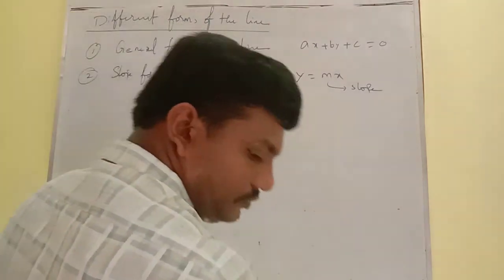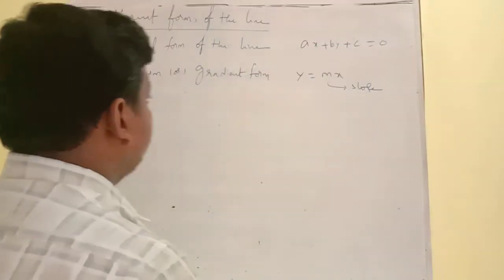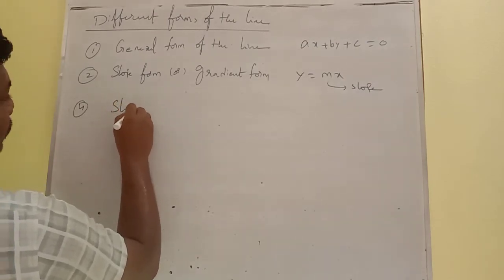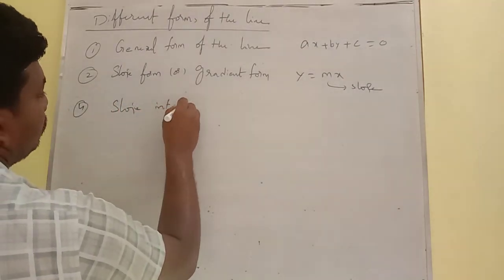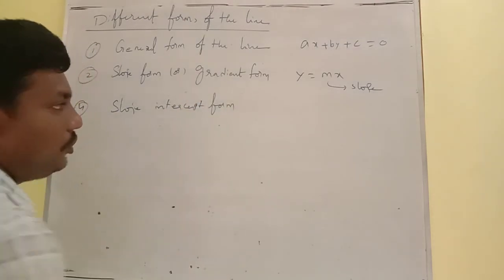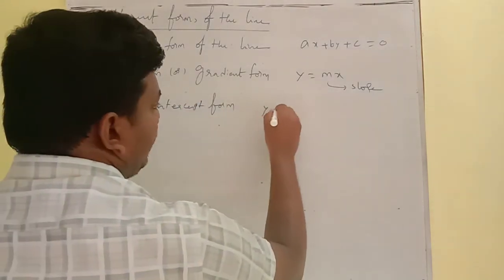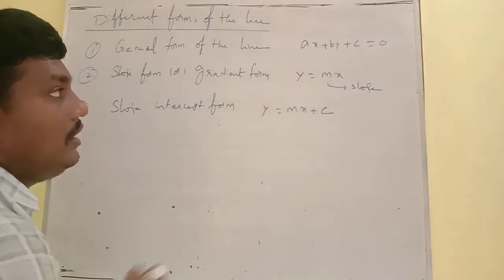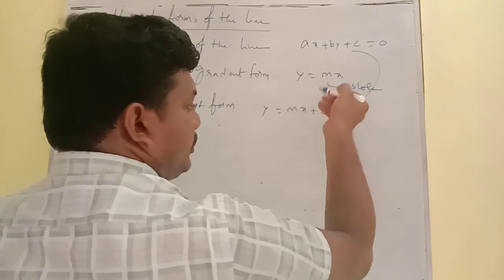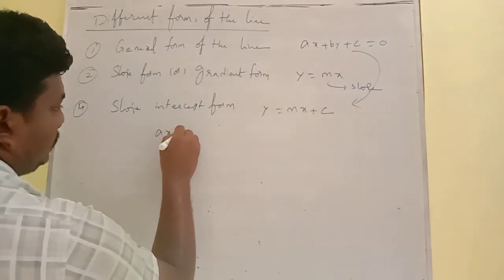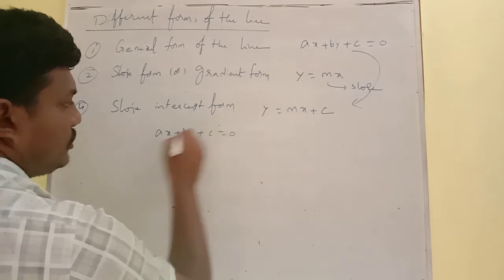Then the slope-intercept form. This is the fourth one. Slope-intercept form is y is equal to mx plus c. The general form of the line equation can be changed like this. Let me consider the general form ax plus by plus c is equal to 0.